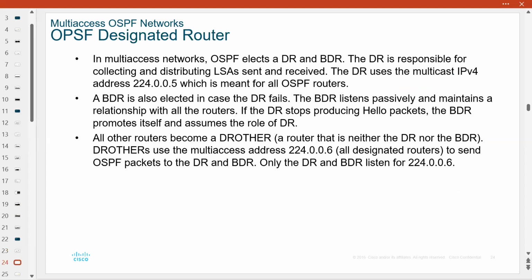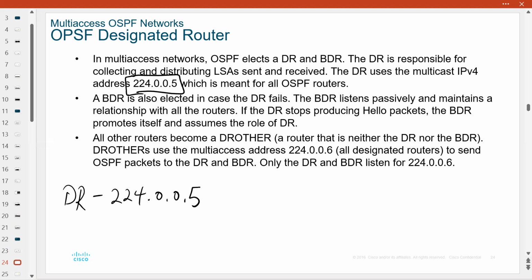OSPF designated router, right? In a multi-access network, OSPF elects a DR and a BDR responsible for collecting and distributing LSAs. We know that. The DR uses the multicast address, and those addresses are very important.